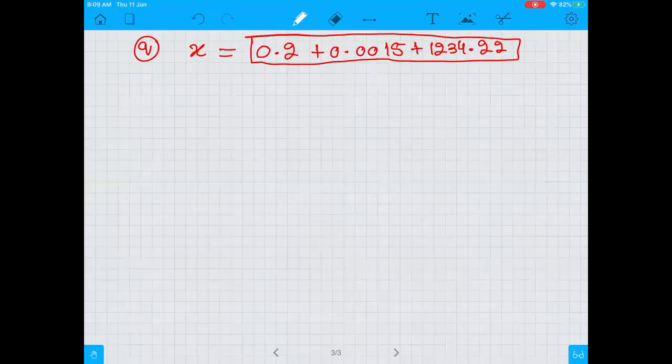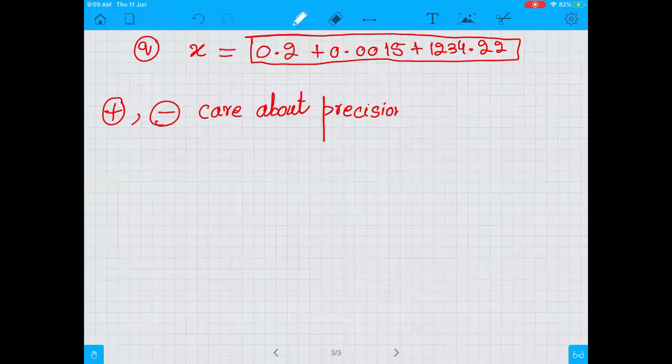So when you are adding or subtracting, care about precision. Now, what is precision?